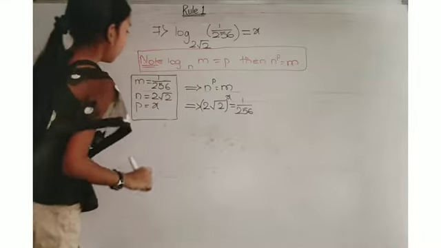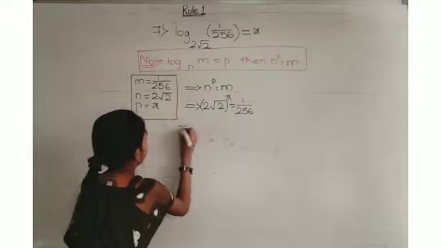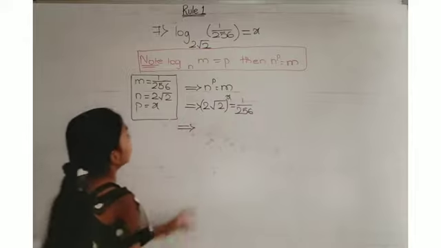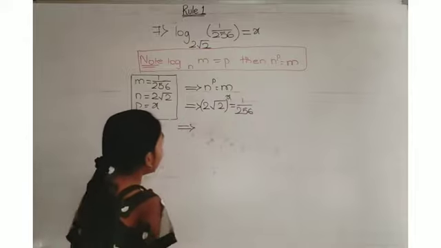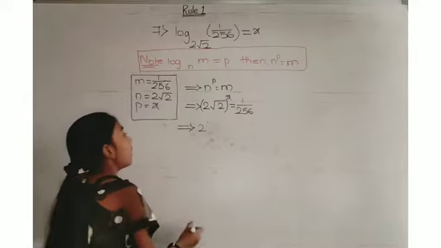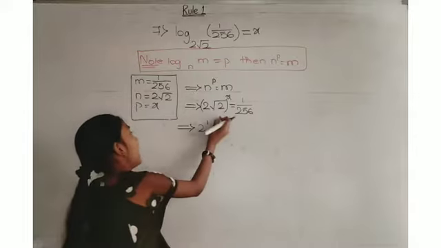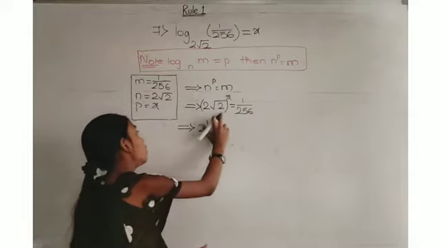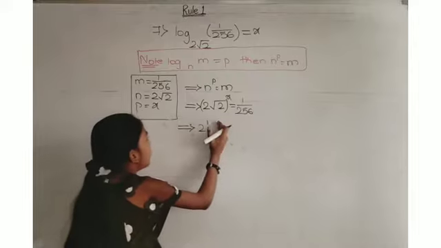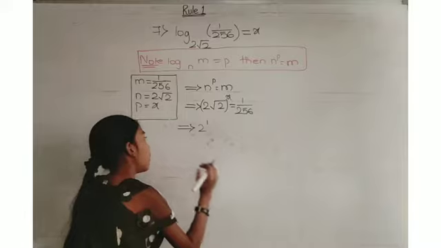Now here, this 2 we can write as 2 raised to 1. And when a square root is there on any number, we have to write it as raised to 1 upon 2.